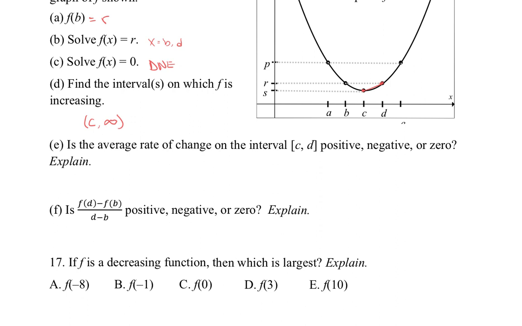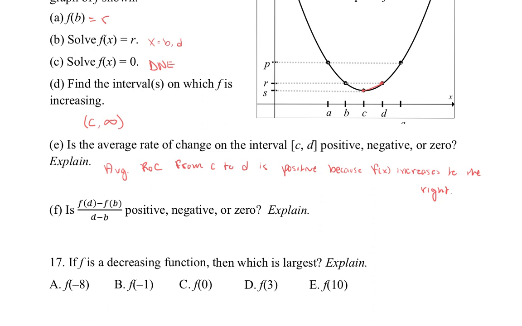So the average rate of change from C to D is positive because the function increases to the right.